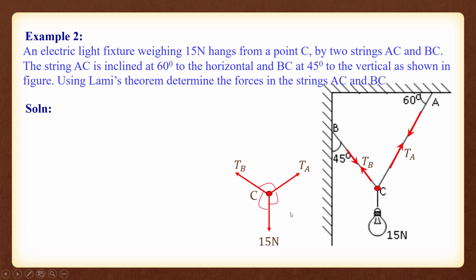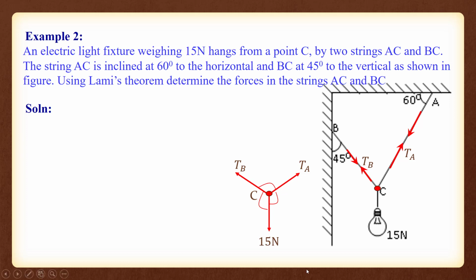So these are the three forces acting at point C. In this problem also, there are three forces acting on the system and the system is in equilibrium. The three forces are acting away from the point C. So all three conditions are satisfied in this question also, and it is possible to apply Lami's theorem.